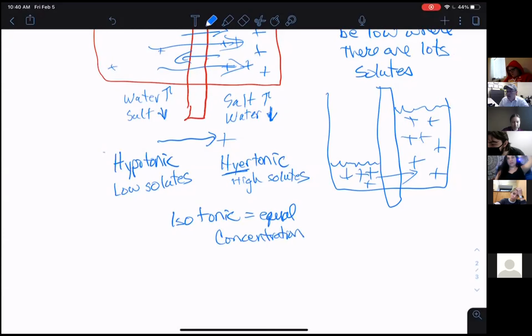So in your blood cells right now, hopefully, unless something weird is going on in your body, all of your cells are in some kind of isotonic solution so that you don't have some weird osmosis thing going on. We don't want lots of water running into our cells. Otherwise, our cells would explode.